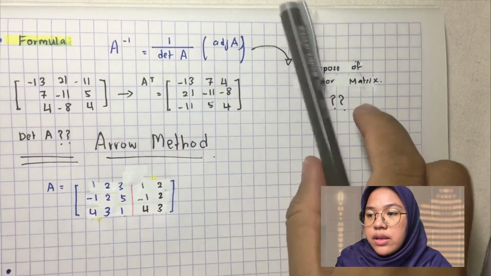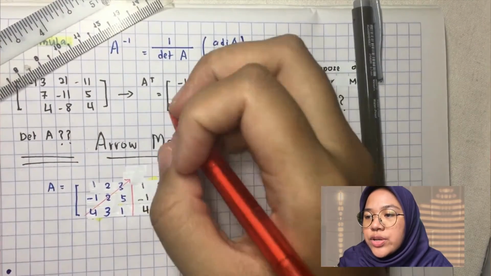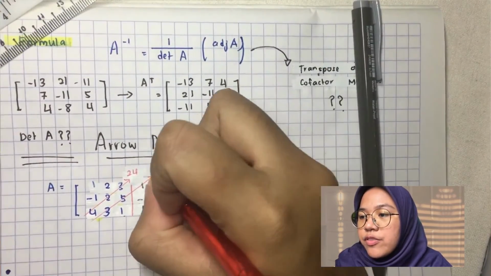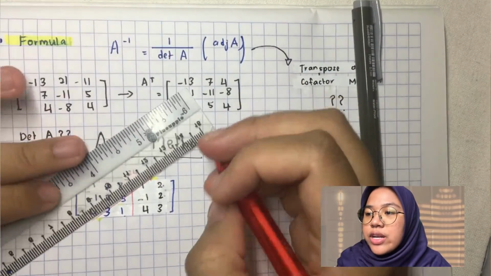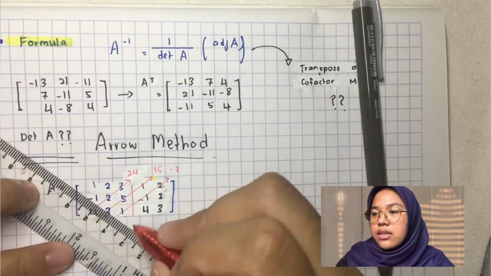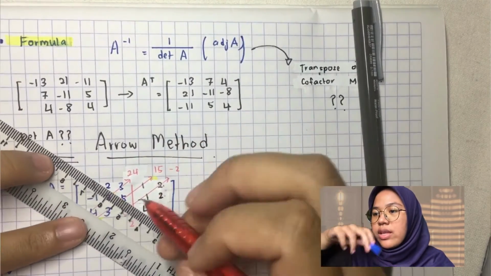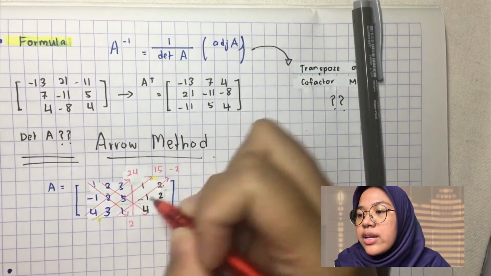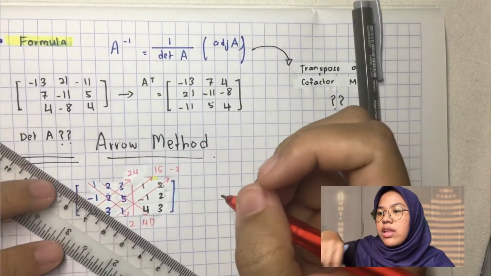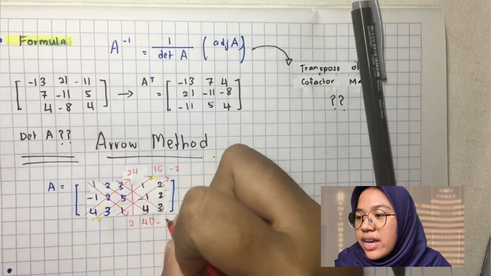By using arrow method, we should drag the arrow like this from 4, 2 until 3, and the answer is 24, and drag another arrow from 3, 5, 1, we get the answer 15, and drag another arrow from 1, negative 1, and 2, and the answer is negative 2, and drag another arrow like this from 1 to 2 and 2, 1 equal to 2, and drag another arrow like this 2, 5, 4, and the answer is 40, and drag another arrow like this from 3, negative 1, and 3, the answer is negative 9.